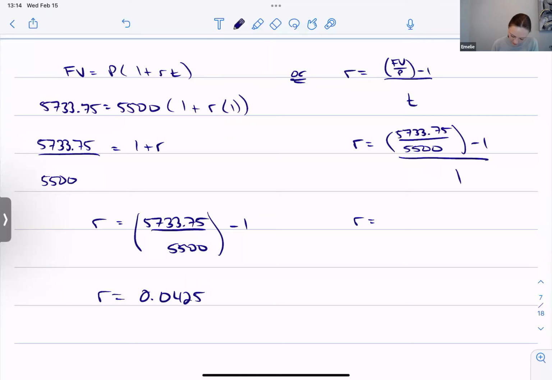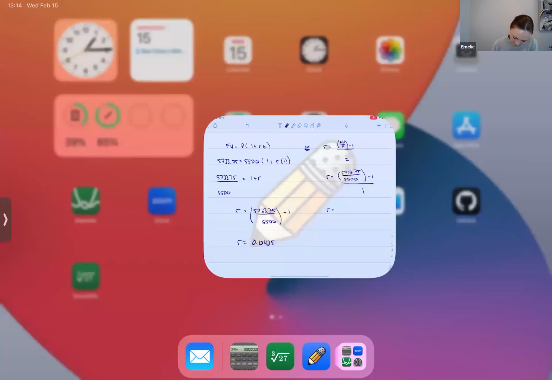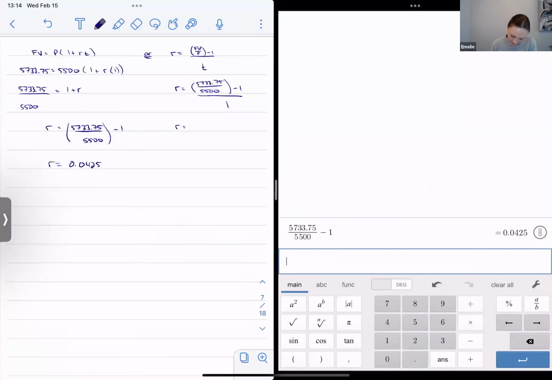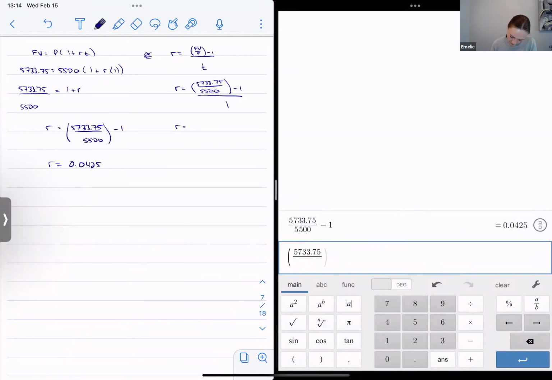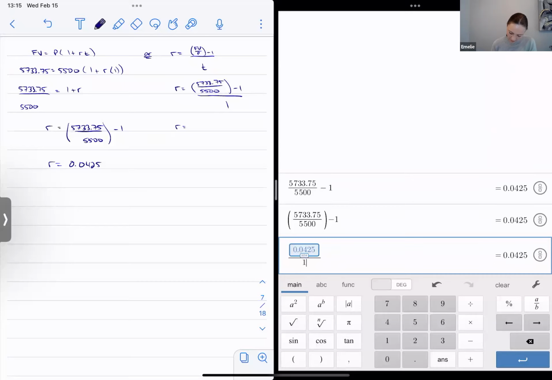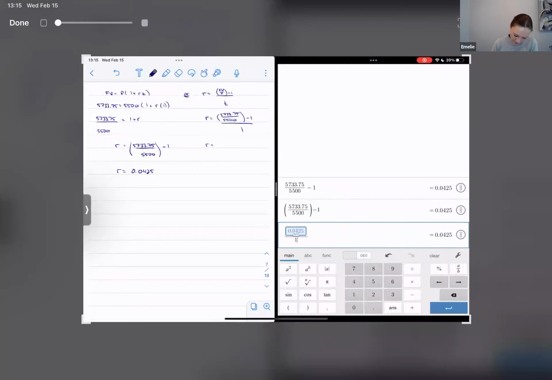So I can do 5,733.75 divided by 5,500, step out, close the bracket, minus 1, and then divided by 1. The answer is also 0.0425.